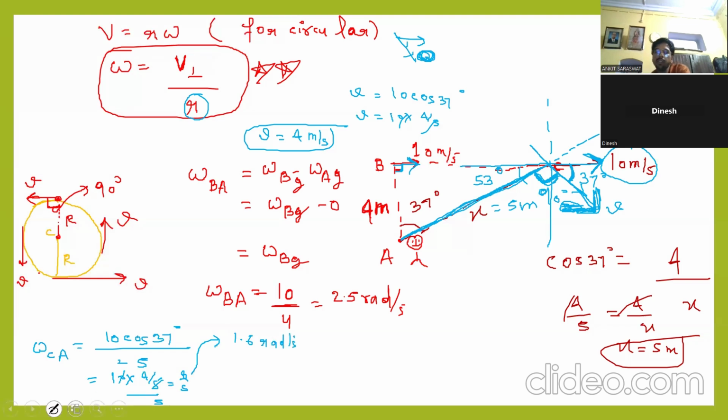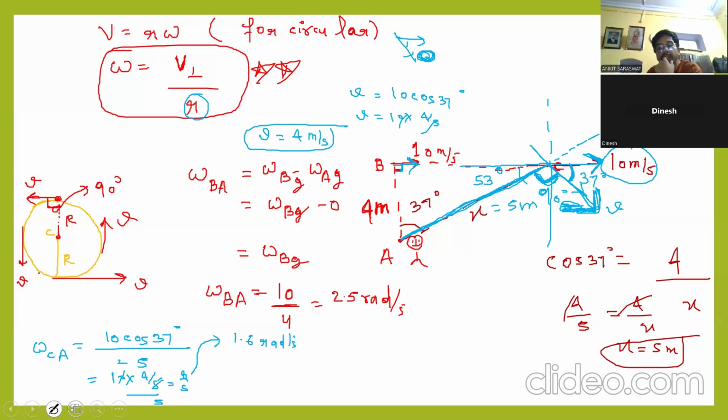So if you look carefully, the angular velocity at point B with respect to A is 2.5. Angular velocity of C with respect to A is 1.6.